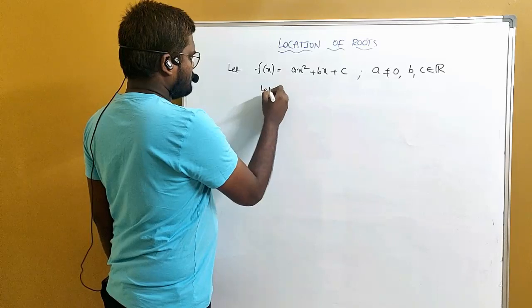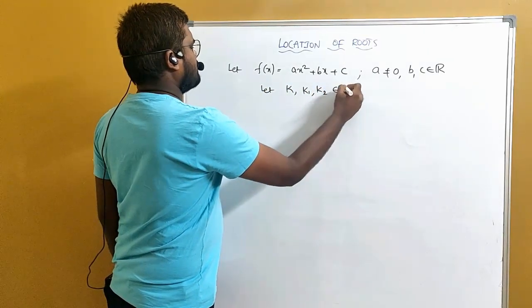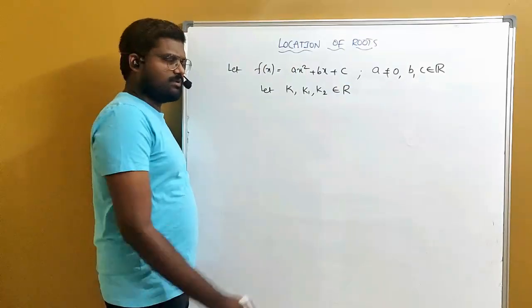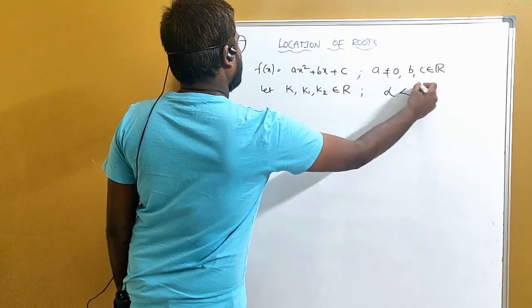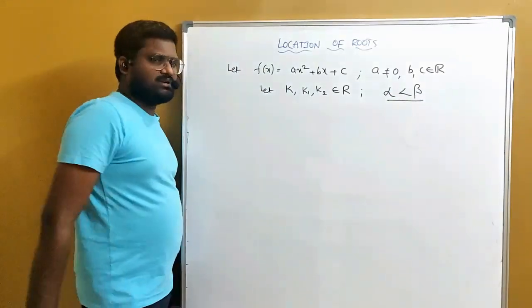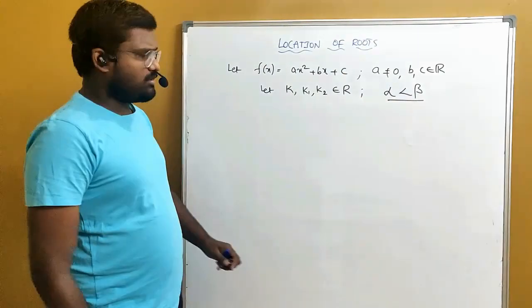And I'll assume three real numbers k, k1, k2, and I'll assume two roots of this quadratic equation, alpha and beta, with alpha less than beta, that is alpha is the smaller root, beta is the bigger root.